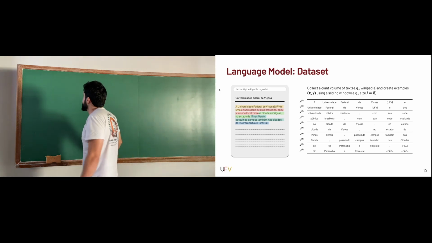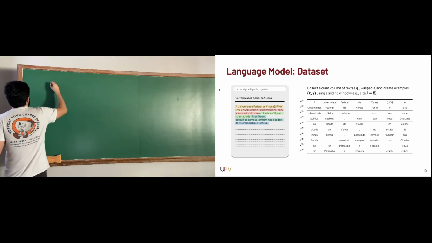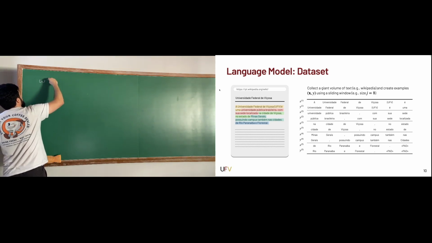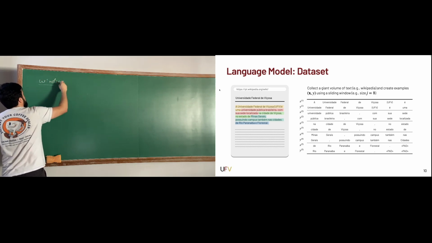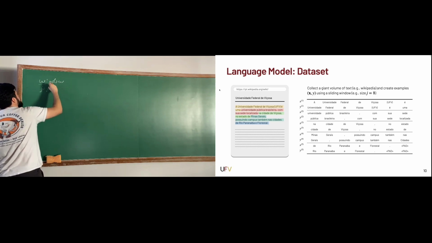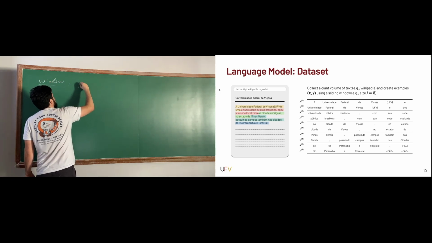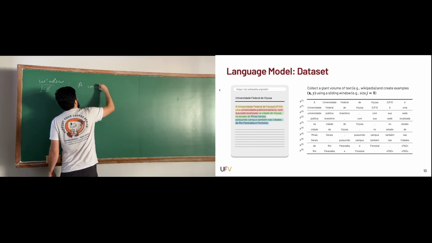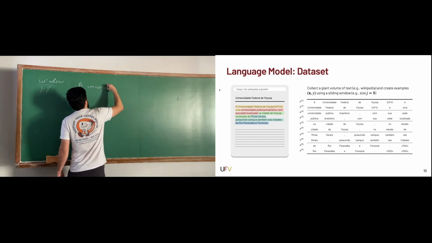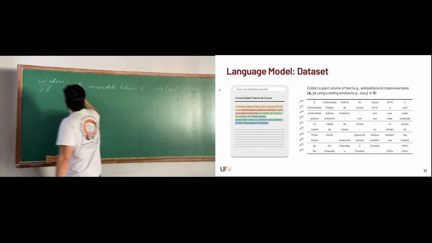So consider the very first window there. So this is our context window. Okay, I'm assuming j equals 8. So you would have this sentence.